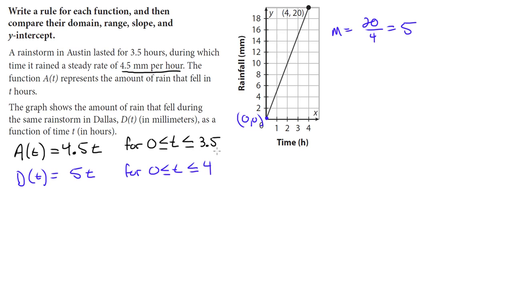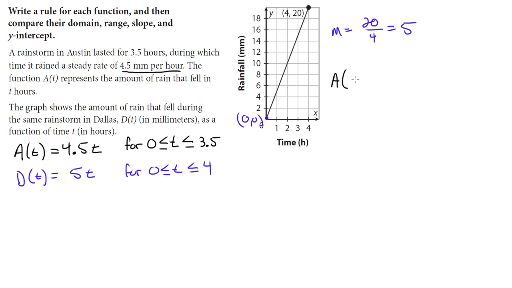So we know the domain for each function, we know the slope for each function, and we know the y-intercept. They both have a y-intercept of 0. So now let's go ahead and calculate the range for each function. Well, we already know the range for Dallas, so let's calculate the range for Austin. And Austin has this highest input of 3.5, so we need to work out a of t equals 4.5t.